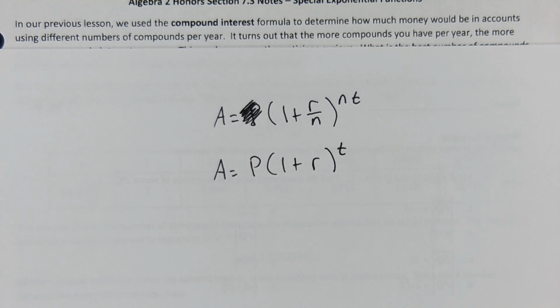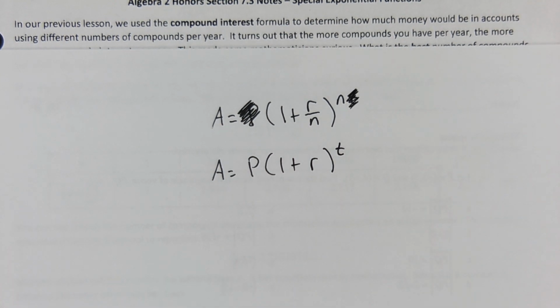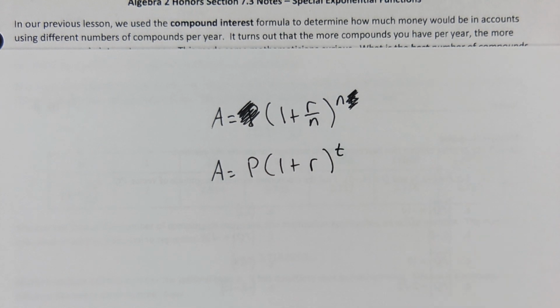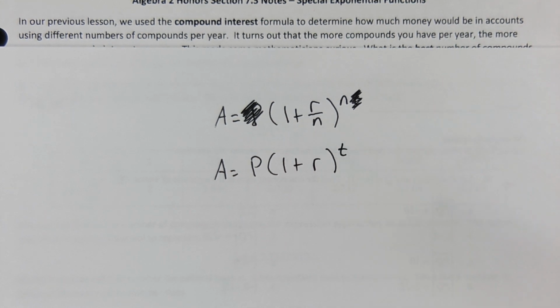And since we're talking about a single year, we could let T equal 1, which means we just have an n up here. And the best way to do this was how I was talking about, taking the 100% rate and splitting it across a number of events. So like I said, if you're compounding quarterly, then you have 4 of your 0.25s, right? But 4 times 0.25 equals 1.